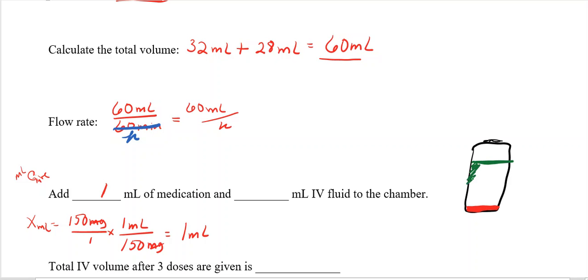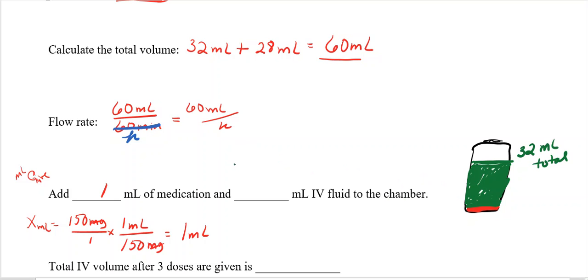I can't color very well either, but you get my idea. All this green is my IV solution that I need to make this 32 milliliters total.